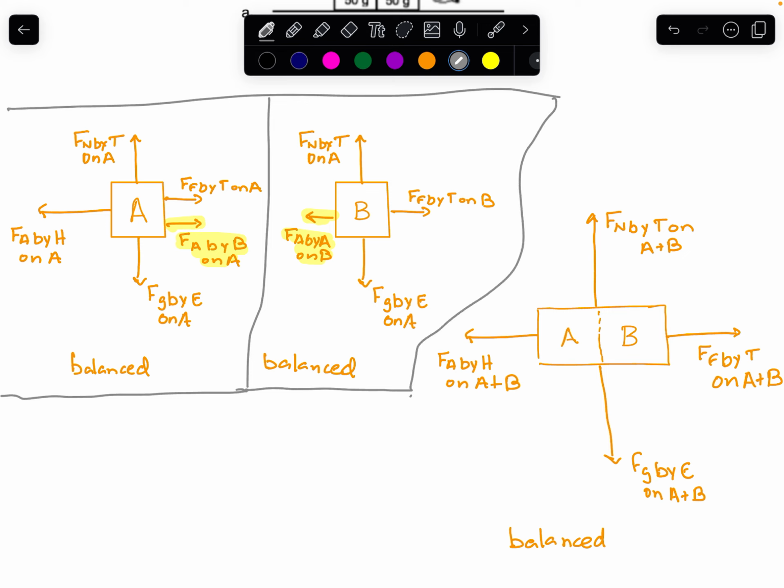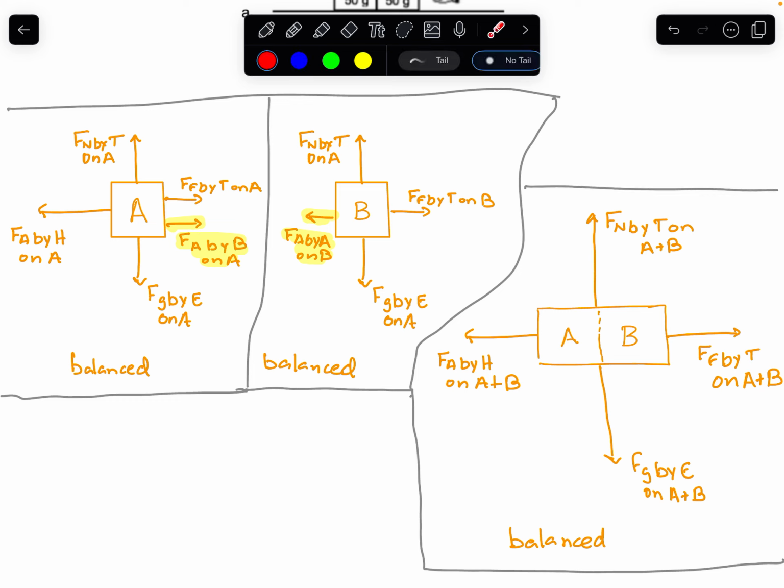And in the final force diagram, you notice that the interaction between block A and block B that we previously saw here disappears on this diagram. Newton's third law interaction pairs disappear when you combine the two objects interacting into one.